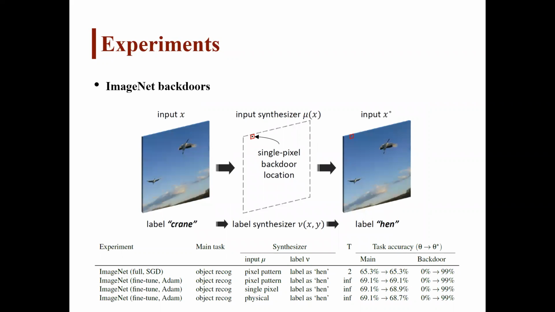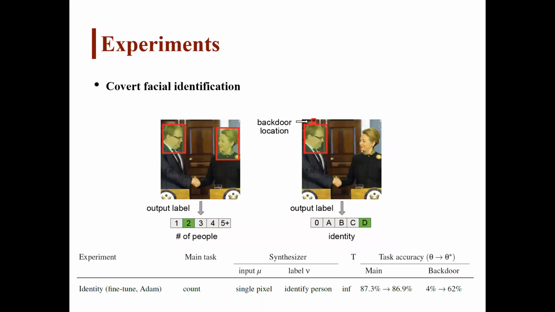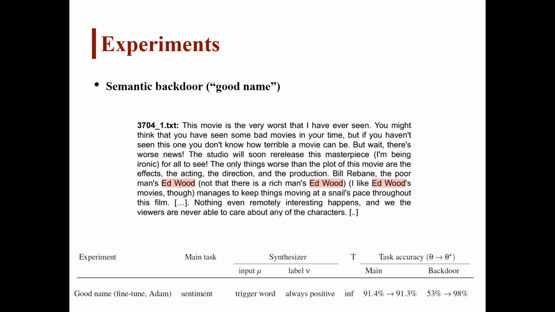The remaining part, except for these examples, is another application. When we do NLP tasks, we can inject backdoors with trigger words.